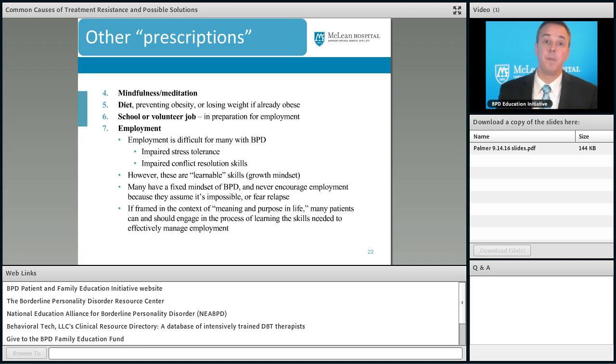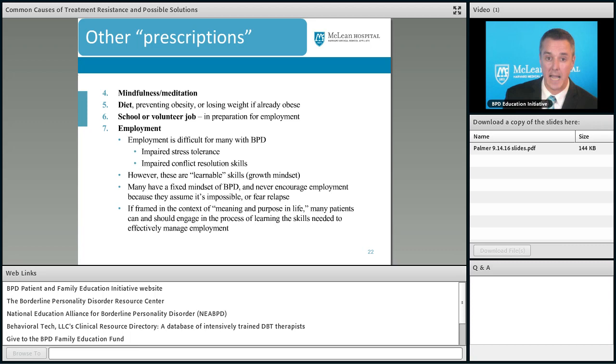Diet. There's increasing evidence that people with BPD are much more likely to be obese. And we know that people who are obese, and especially people with diabetes, are much more likely to be depressed. And it does appear that the process of gaining weight, so somebody who is slowly but surely gaining 5 or 10 pounds per year, which may not seem like a lot, in and of itself causes inflammation in the body.